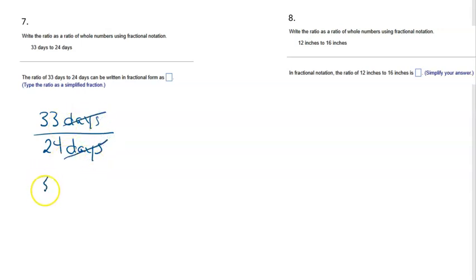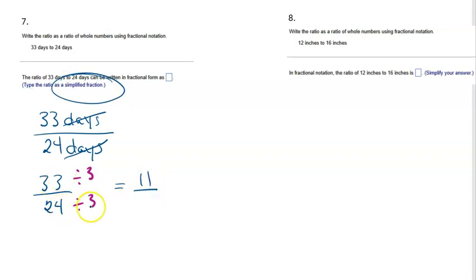That leaves you with the fraction 33 over 24. But 33 and 24 also have a greatest common factor of 3. So 33 divided by 3 and 24 divided by 3. We need to do that to get our fraction in simple form. So 33 divided by 3 is 11. 24 divided by 3 is 8. And 11/8. Make sure again there's not another greatest common factor, and there's not. That means we have completed the problem.